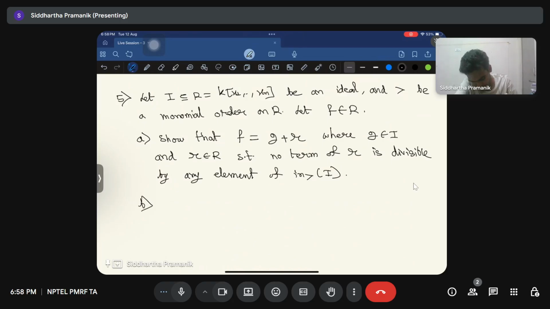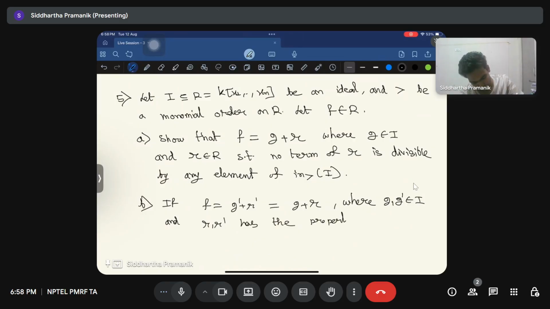Now the second one is that this G and R have to be unique. So if F equals G prime plus R prime equals G plus R, where G prime belongs to I and R prime has the property mentioned in part A, then G equals G prime and R equals R prime.